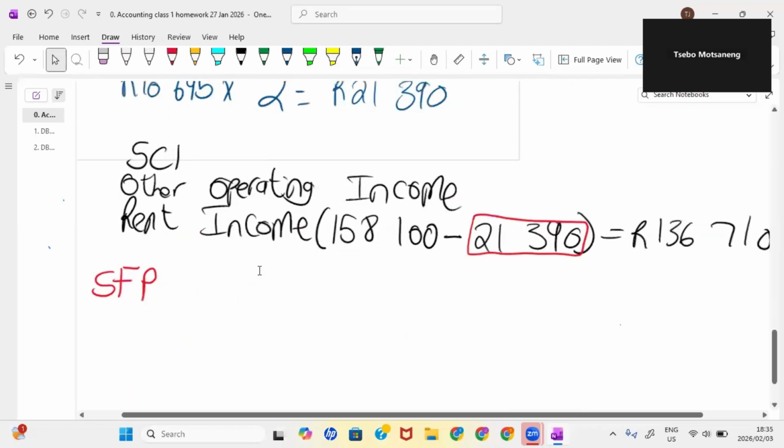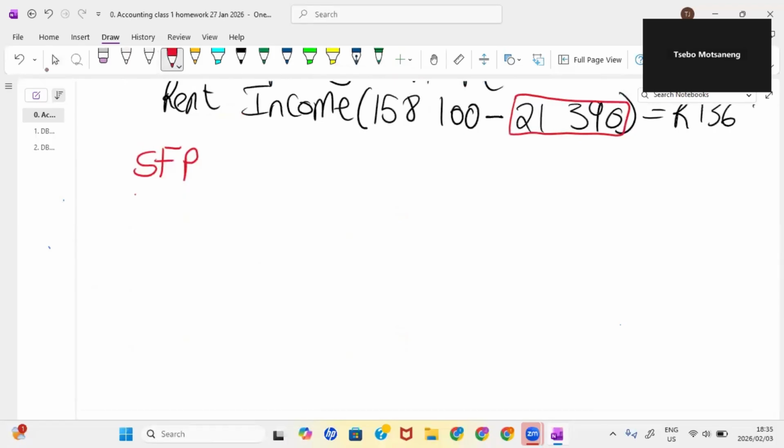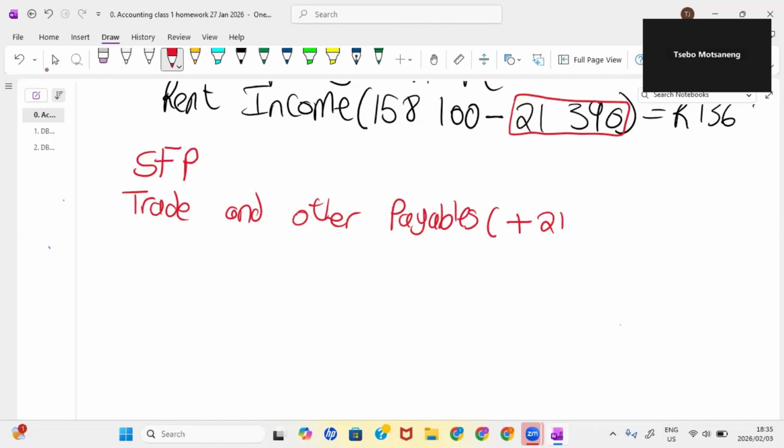In the statement of financial position, which is known as your balance sheet, you are going to add 21,390 under trade and other payables, because it is a current liability.